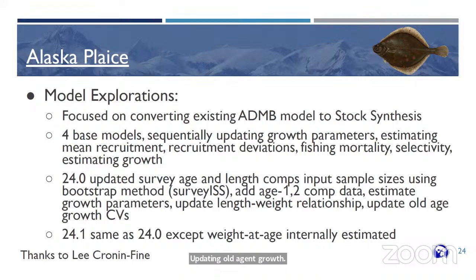So that was all Model 24.0, which was a lot of data updates and some improvements. And then Model 24.1 is the same as 24.0, but they estimate the weighted age relationship internally.